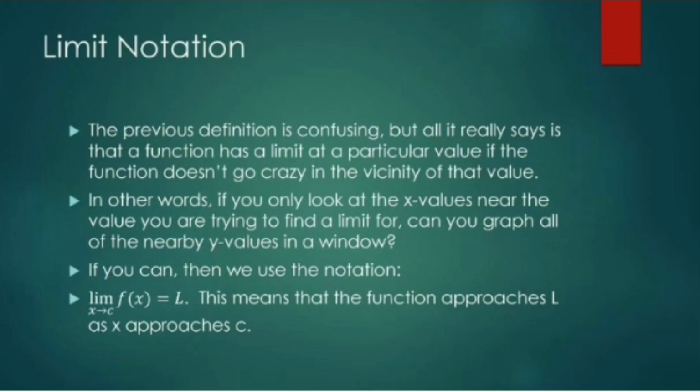The previous definition is confusing, but all it really says is that a function has a limit at a particular value if the function doesn't go crazy in the vicinity of that value. In other words, if you only look at the x values near the value you are trying to find a limit for, can you graph all the nearby y values in a window?